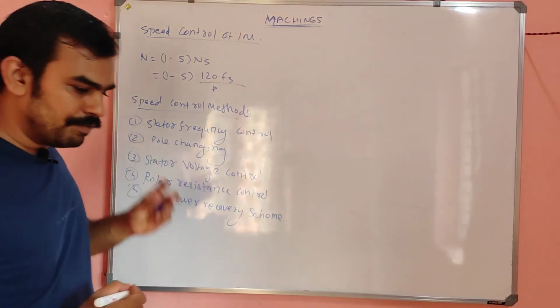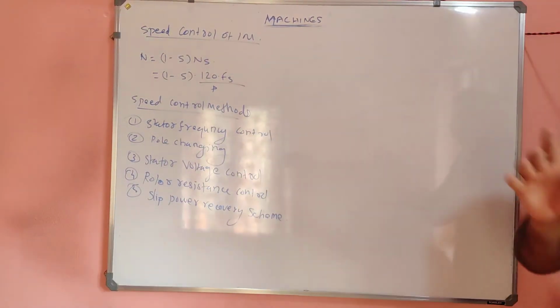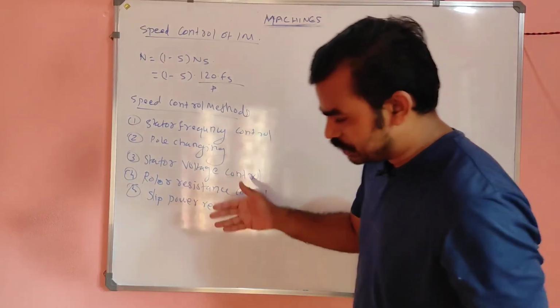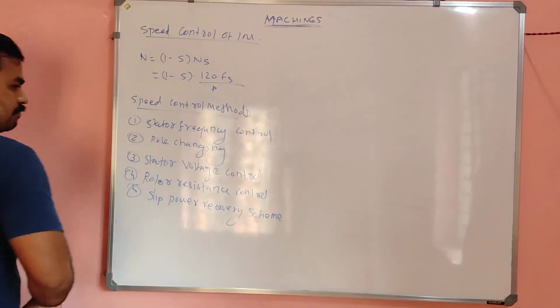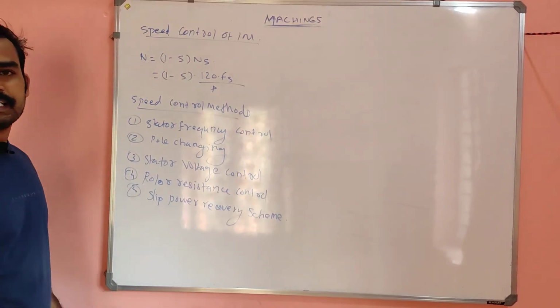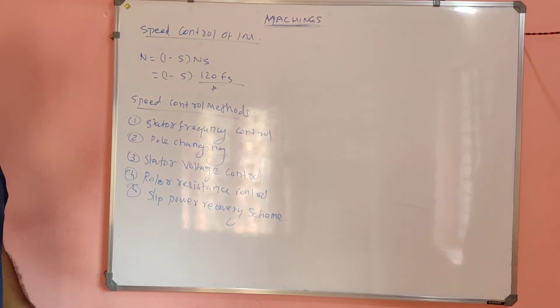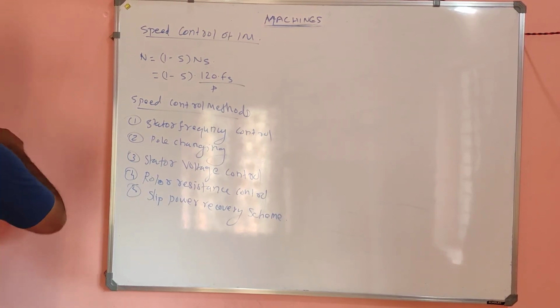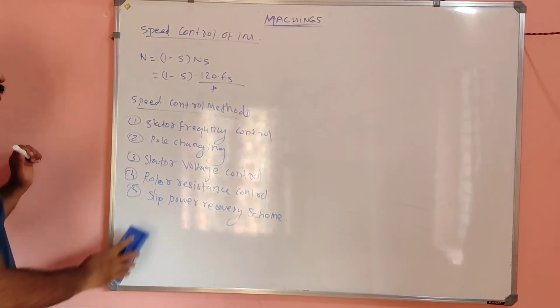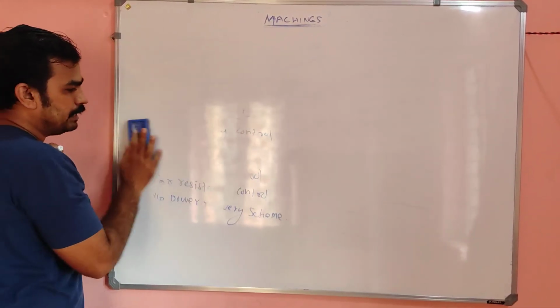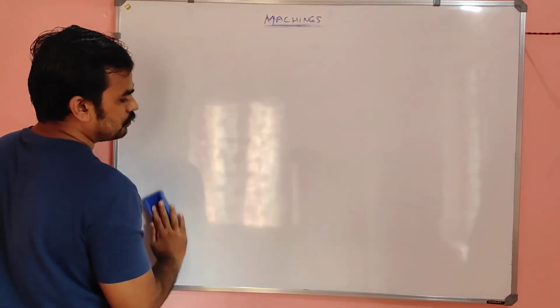You just need to know these names only. You don't need to know what they are and all. We just want the names. So just read these: these are the speed control methods for induction motor.